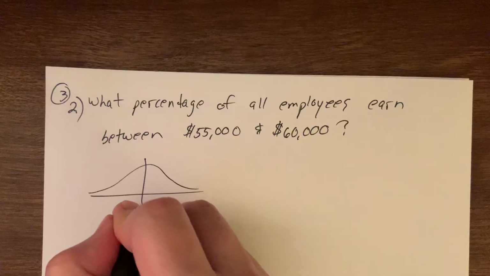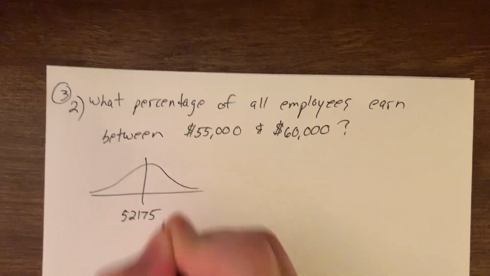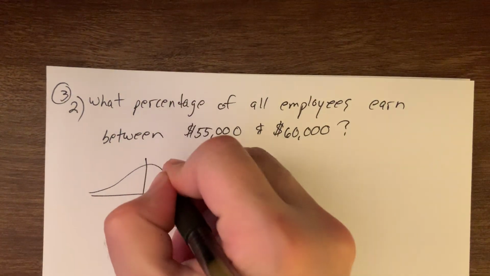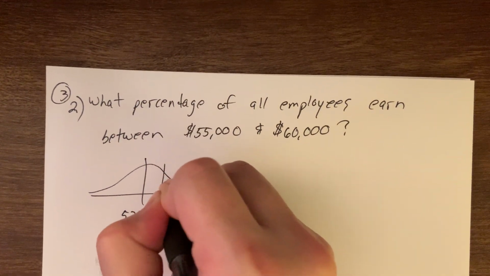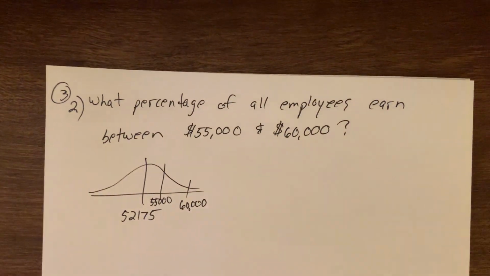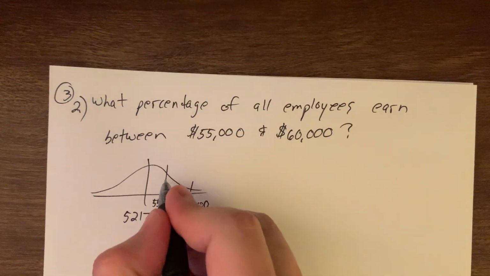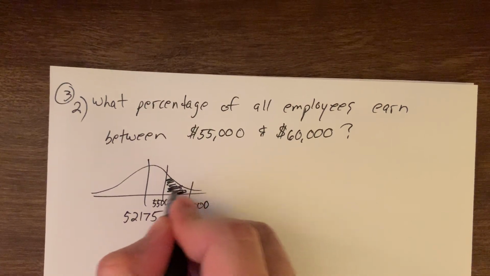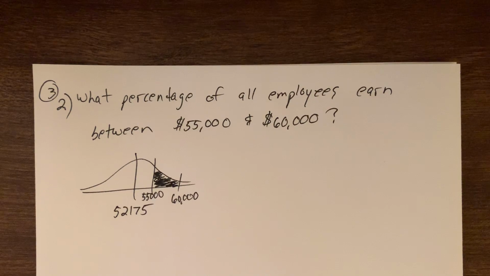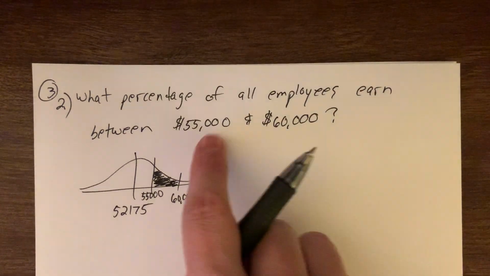We've got the 52,175 in the middle. Both of these are bigger than the average. So I'd have the 55,000 about here, and the 60,000 will be about here. I want them to earn between those two. So that would be my shaded region. 2 values.